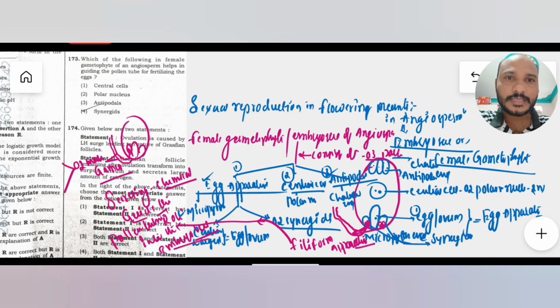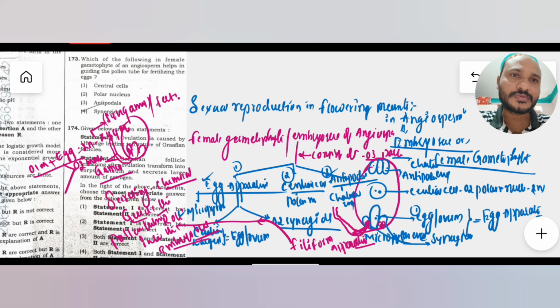Out of the two male gametes, one male gamete fuses with the egg cell to form a 2n zygote. This fertilization process is called syngamy, or we can also simply say fertilization. First fertilization occurs here.